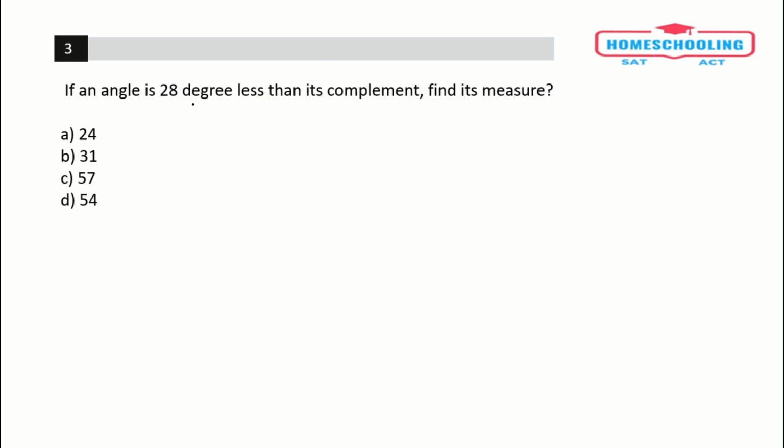If an angle is 28 degrees less than its complement, find its measure. So let's take the angle as x. The complement of that angle would be 90 minus x. So let's read the question again. The angle is 28 degrees less than its complement, so x is equal to 90 minus x minus 28.